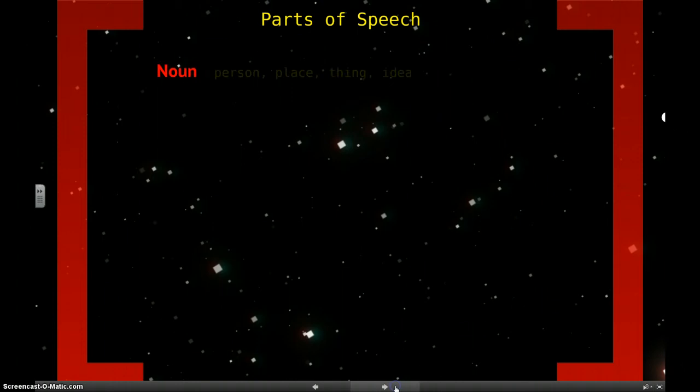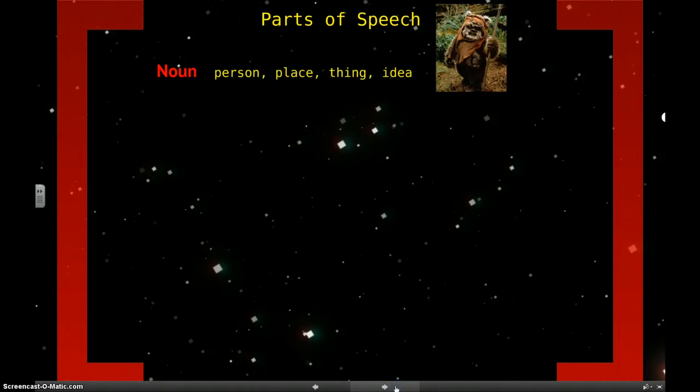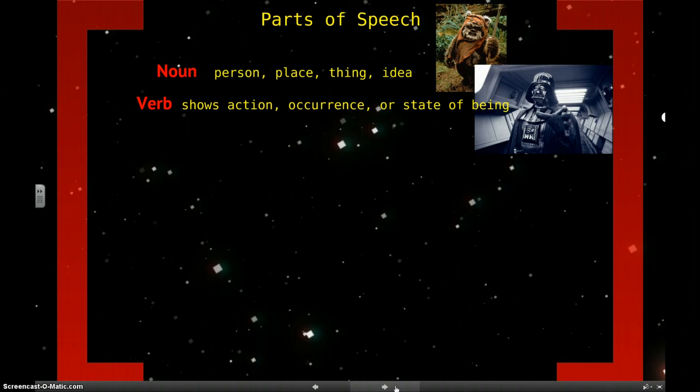Starting with a noun. A noun is a person, place, thing, or idea. So an Ewok would be an example of a noun. A verb, as I'm sure you remember, shows action, occurrence, or state of being. So force choke, that would be a verb. An adjective describes a noun. So if we had a scruffy Ewok, that would be an adjective describing the noun Ewok.